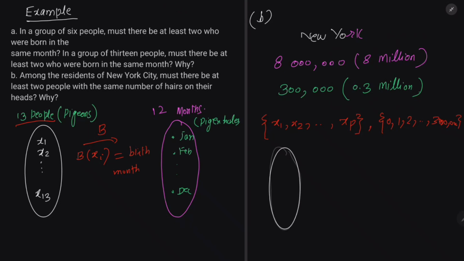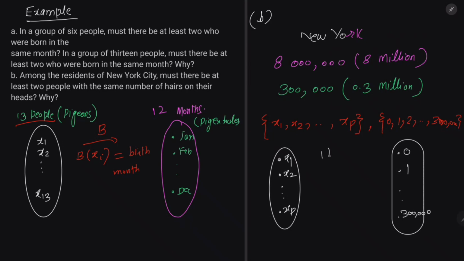So if you make a set, these are the residents, the pigeons, and these are the numbers of hairs, for example, 0, 1 up to 300,000. And these are the population x1, x2 up to xp.